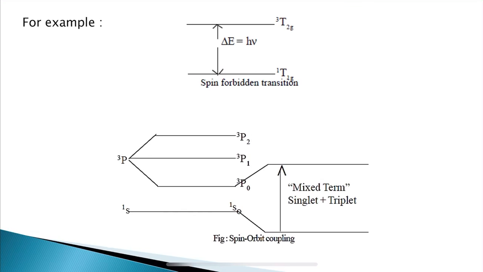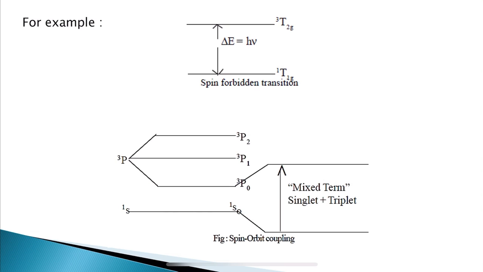So the lower new state from 3P0 and the higher new state from 1S0 will have mixed triplet singlet character.